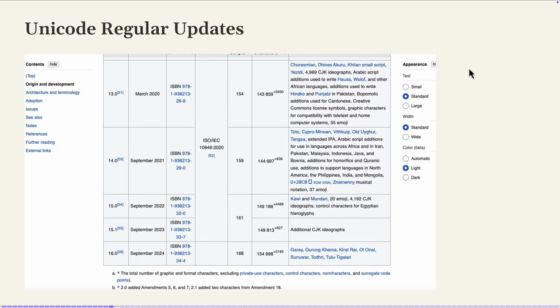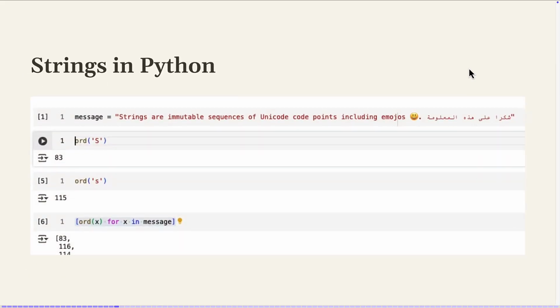So it's evolving over time. This represents one of the challenges of adopting Unicode characters for tokenization, because it's dynamic. If you use a tokenizer now, at some point in time it may not be able to represent all the possible characters for different scripts. This is one of the drawbacks.